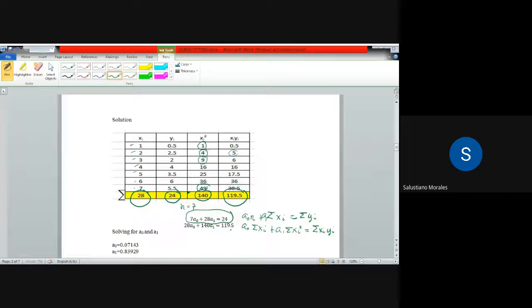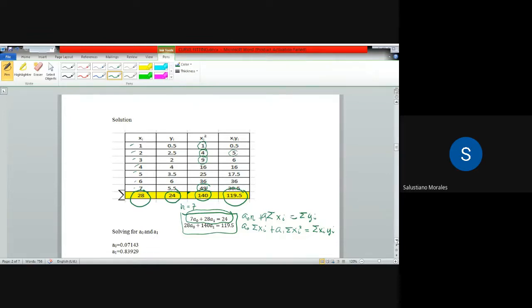Then summation of xi squared is 140, so 140 A1 equal to summation of xi y sub i, which is equal to 119.5. So again, we have two unknowns here, A0 and A1, and solving simultaneously these two equations to determine now the values of A0 and A1.